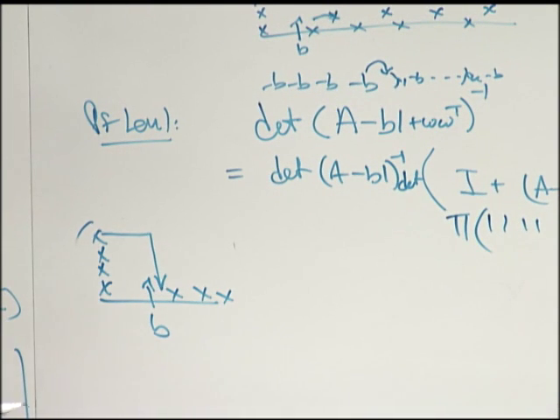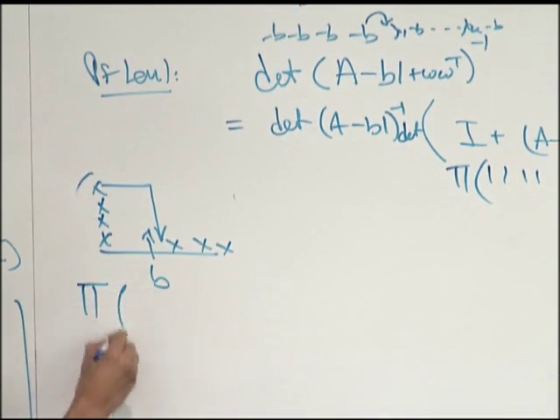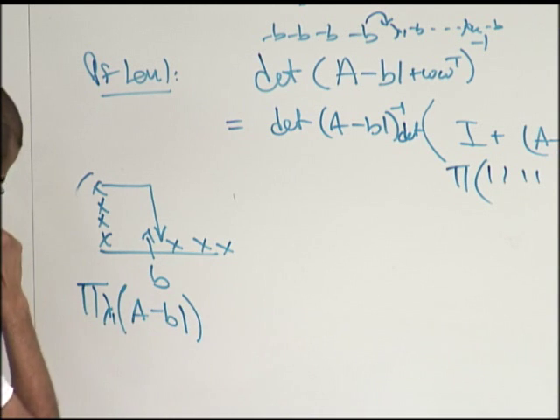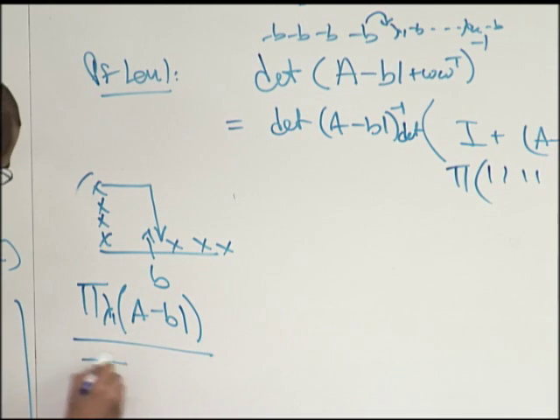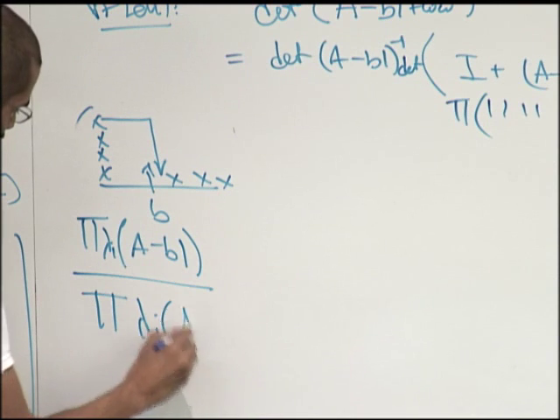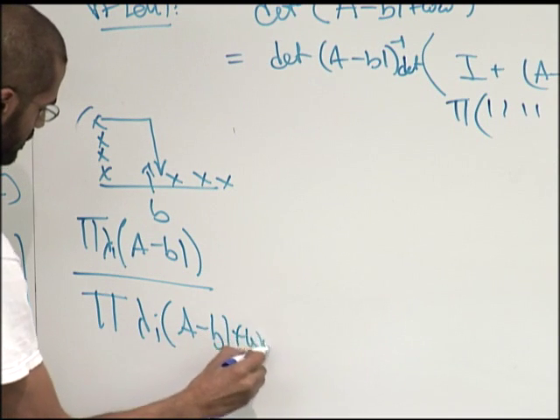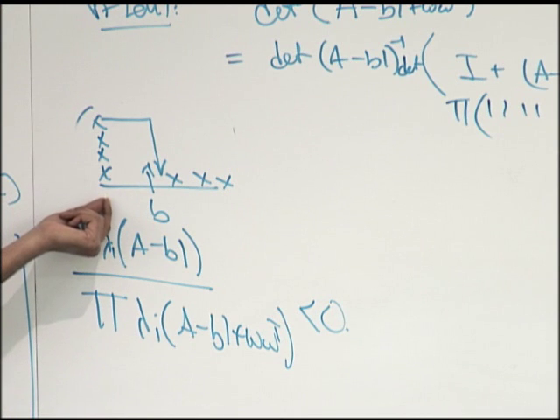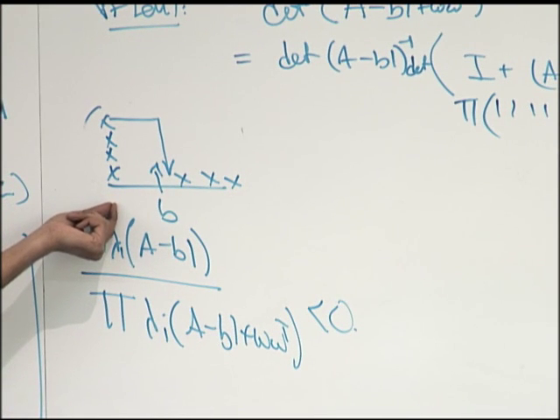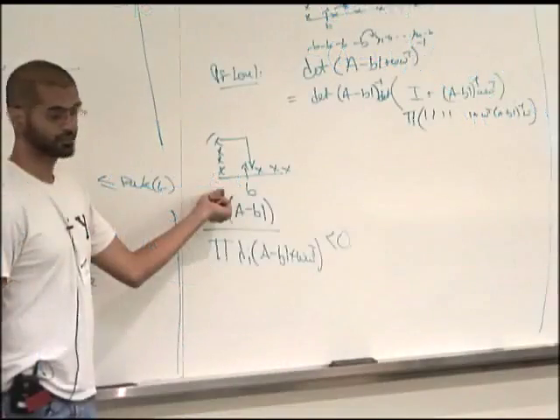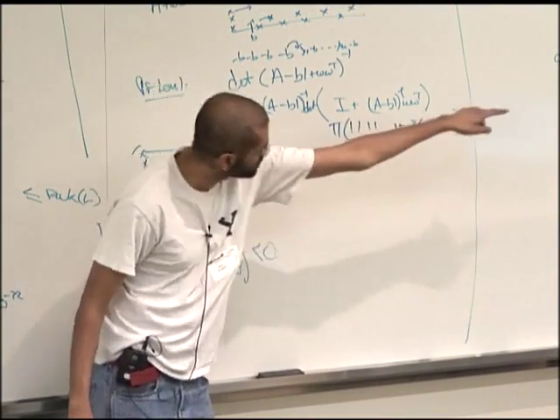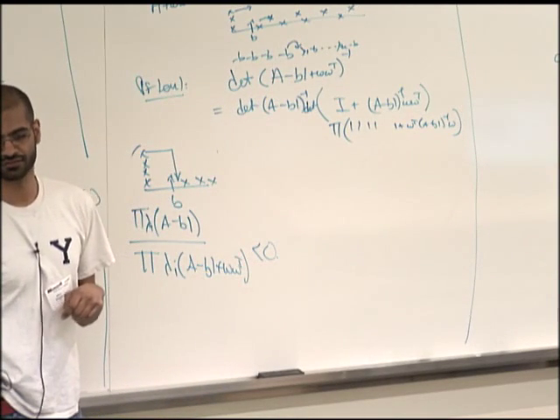And so the ratio of the product of eigenvalues of A minus bI divided by the product of the eigenvalues of A minus bI plus w w transpose is negative, because the parity of the number of negative eigenvalues changed. That means this number has to be negative, and this number is exactly that equation.